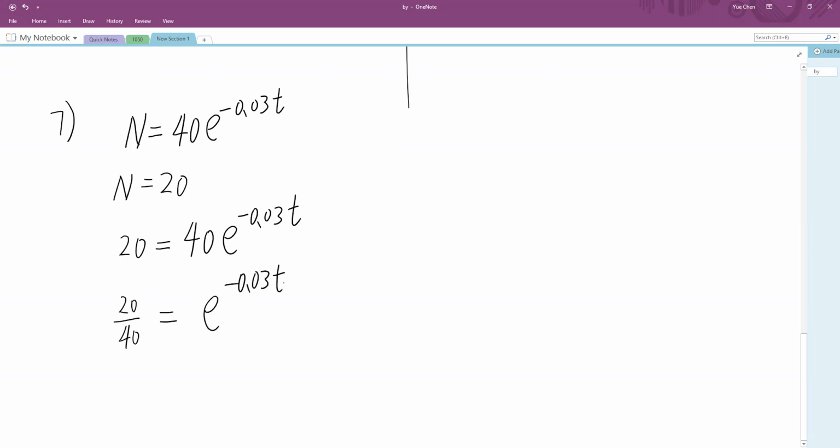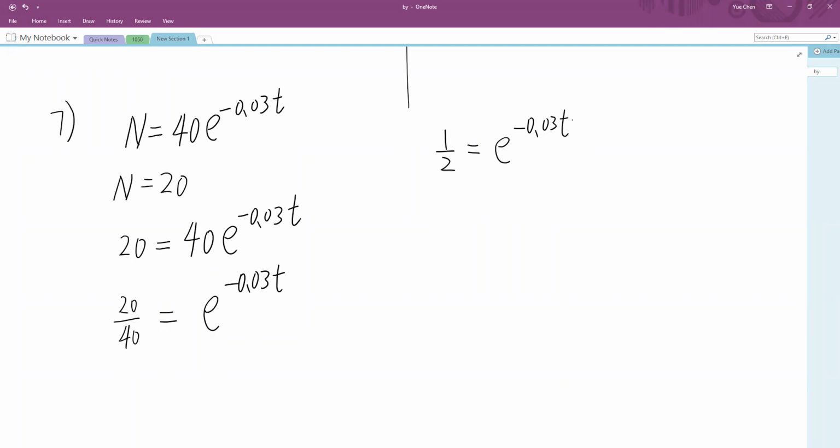For our convenience, we just write down 1/2. Of course, you can just keep it and at last input it into your calculator. So 20 over 40 equals 1/2, equals e to the negative 0.03t. Then what is the next step? We have talked about this many times, right?